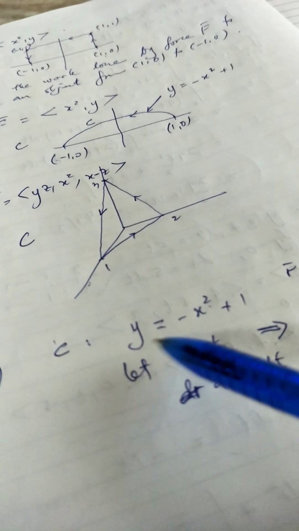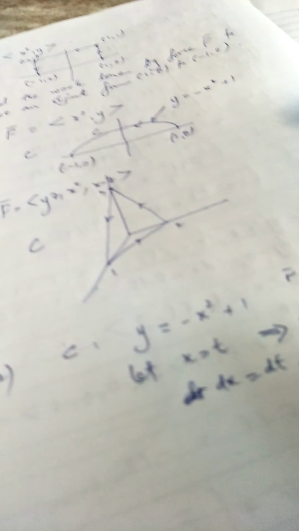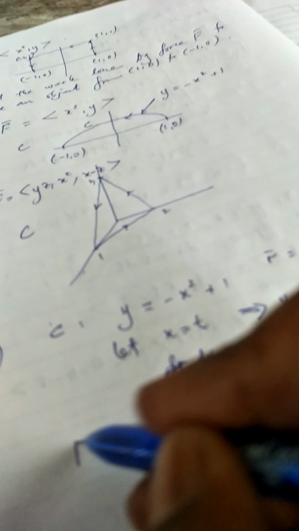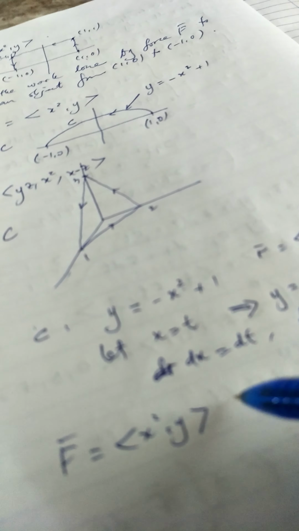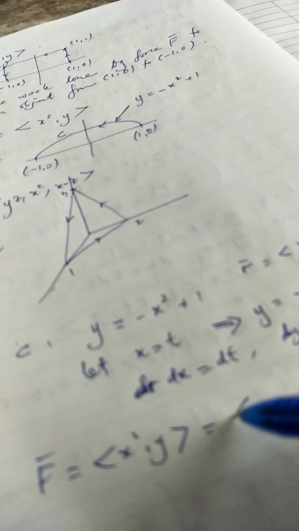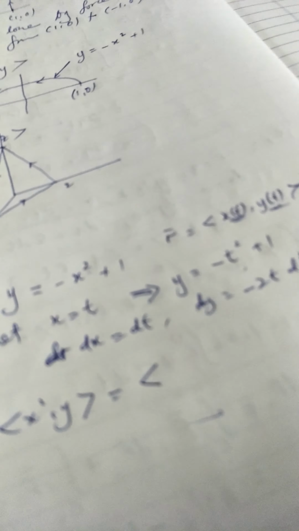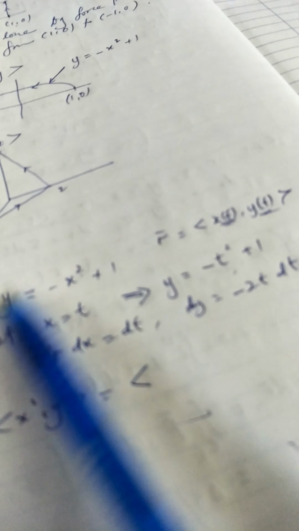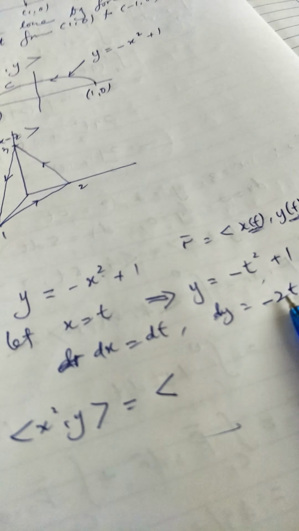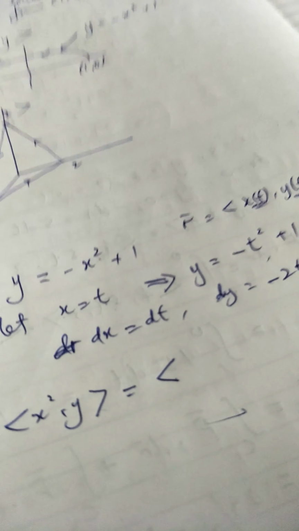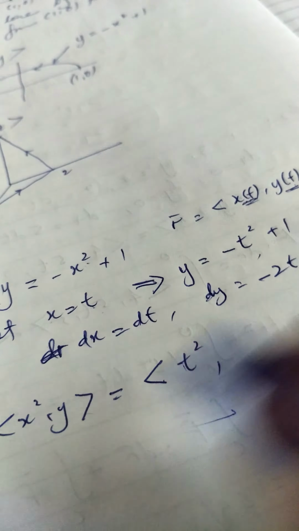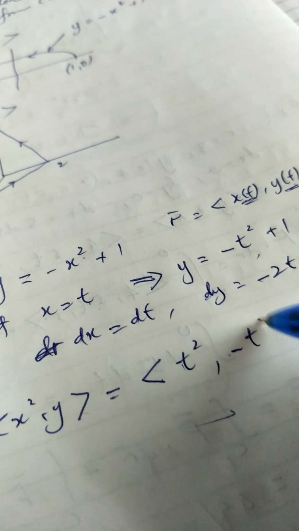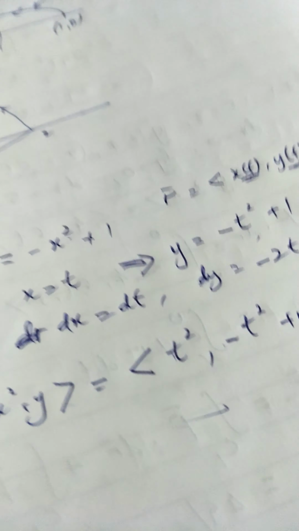Then our f is given as x squared y. All right, using all these expressions that we obtained earlier, so you can have t squared, our y is negative t squared plus 1.